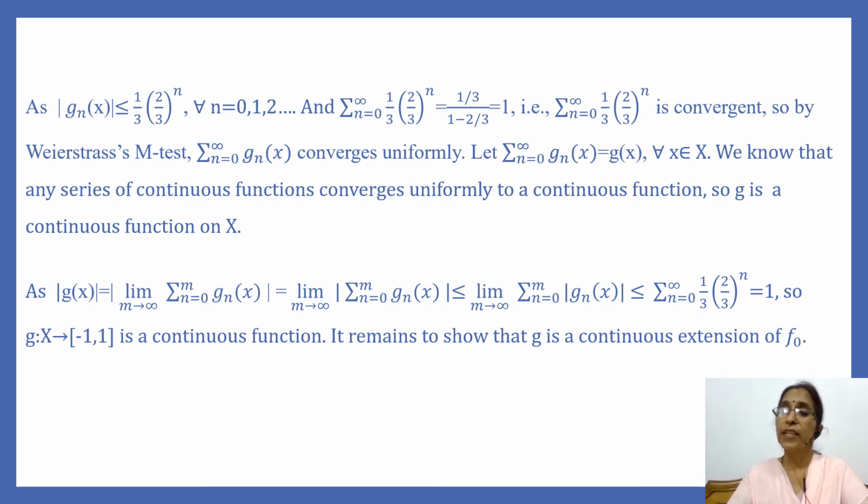So we can say that g(x) varies from −1 to 1, and so g is a continuous function from X to the closed interval [−1, 1]. It remains to show that g is a continuous extension of f_0.